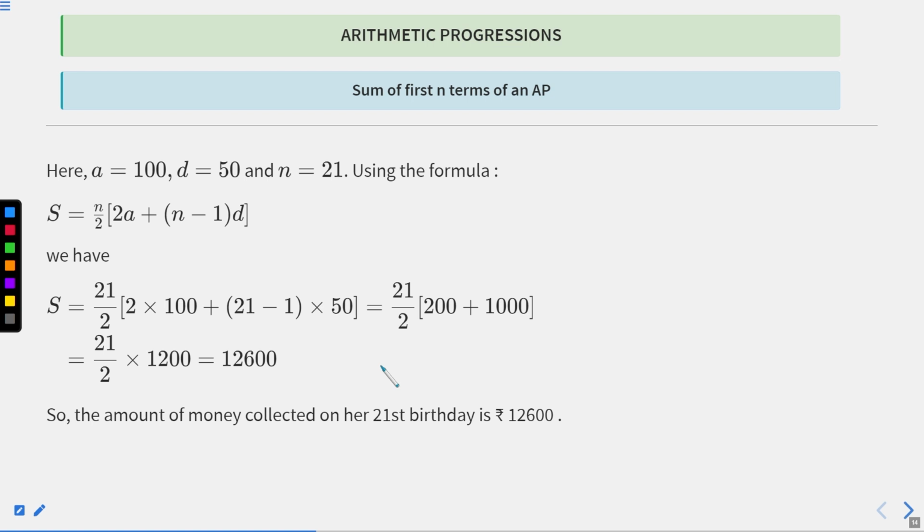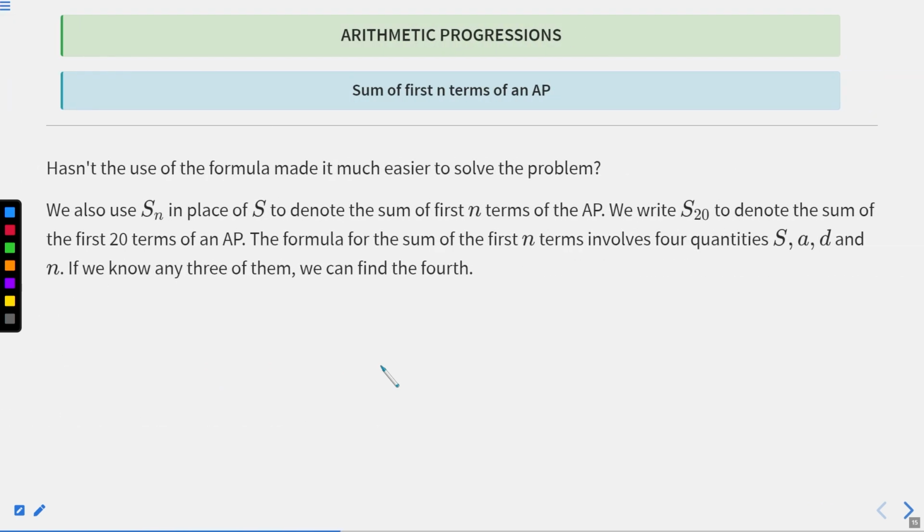That is 21 by 2 times 200 plus 1000, which is 21 by 2 into 1200, that is equal to 12,600. So the sum S is equal to 12,600, and the amount of money collected on her 21st birthday is 12,600.